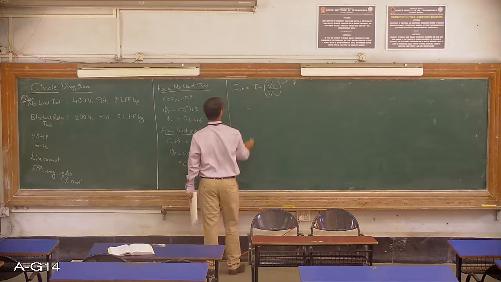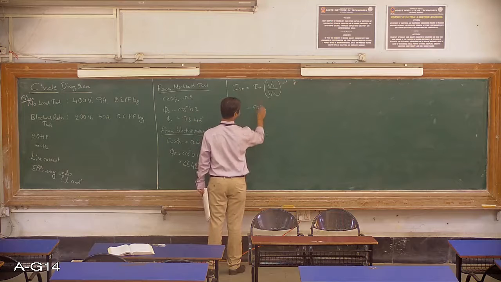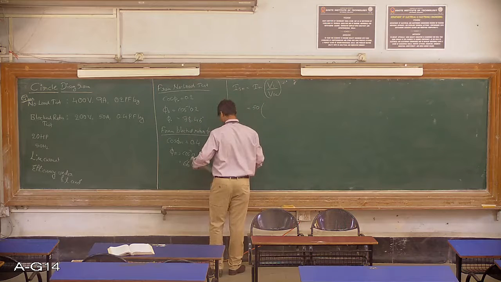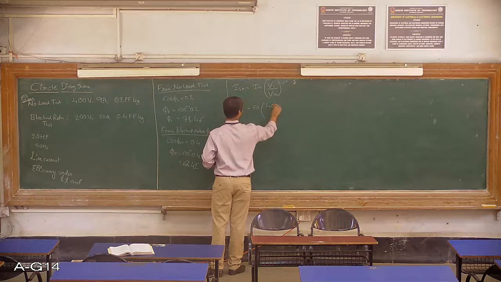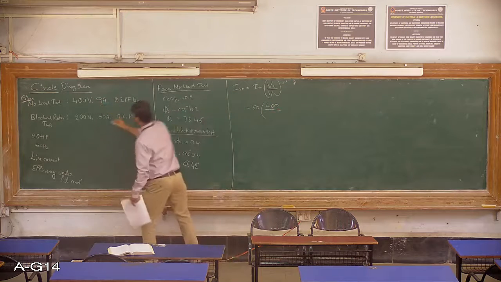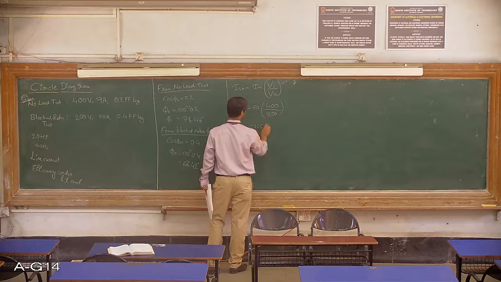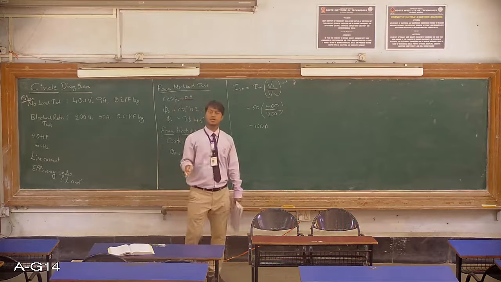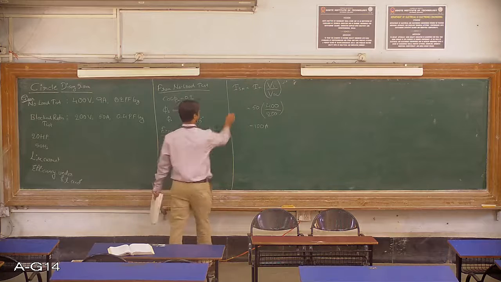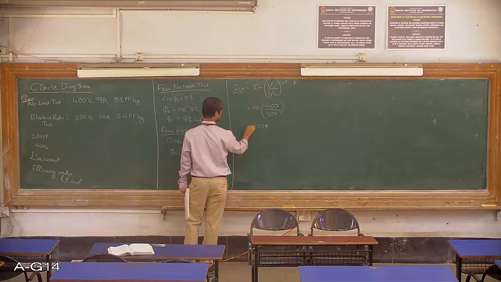Now ISC is given as 50 amperes. Now VL by VSC is 400 by 200. So this results in 100 amperes. Okay, ISN is the short circuit current under normal voltage, which is 100 ampere.